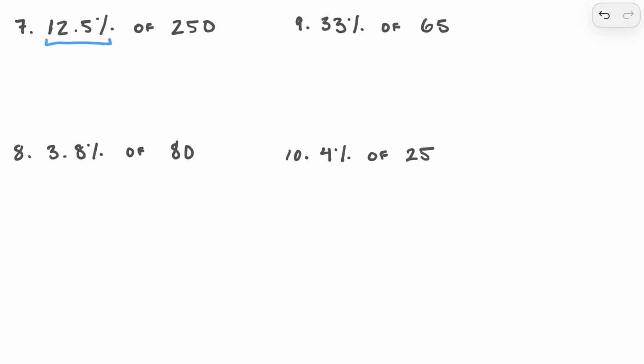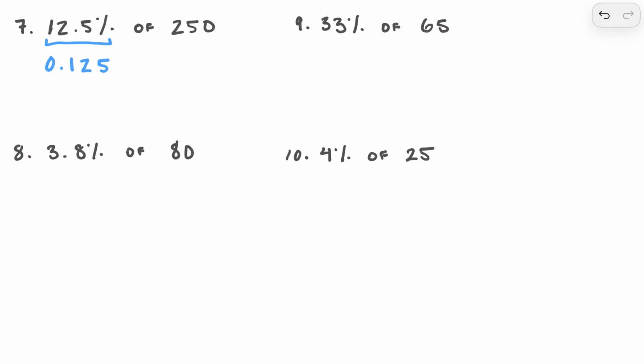12.5% is the same thing as 0.125 expressed as a decimal. And we know that because to go from a percent to a decimal, we just move the decimal place over 2 spaces. Now, the word of in math actually just means multiplication.